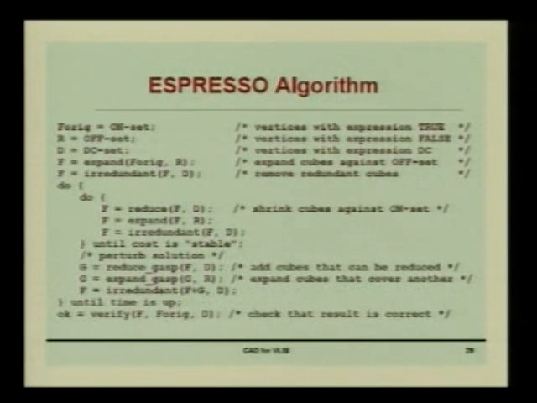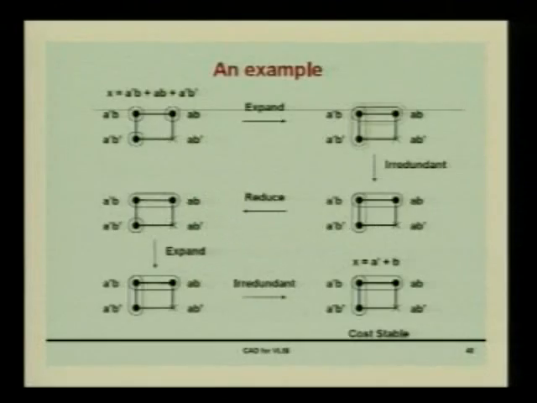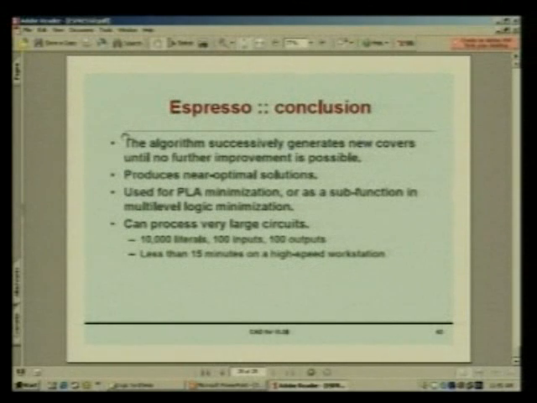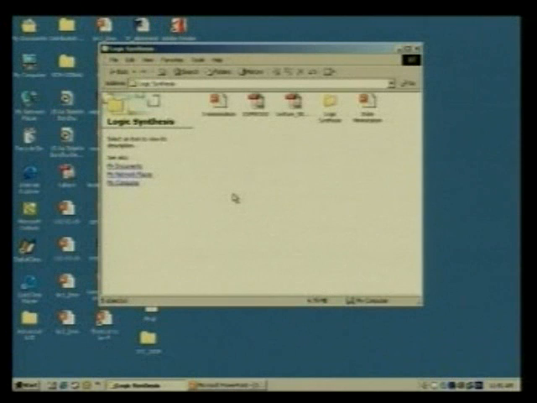Maybe it's not the optimum, it may be suboptimum, but you will consider it optimum for your unit. There may be another termination condition, when there is no change using these iterative operations. So this is the end of the Espresso algorithm.